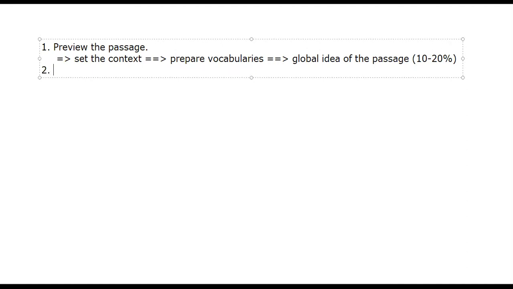After you preview the passage, go to the questions and try to answer them. There are other tips that you have to consider.